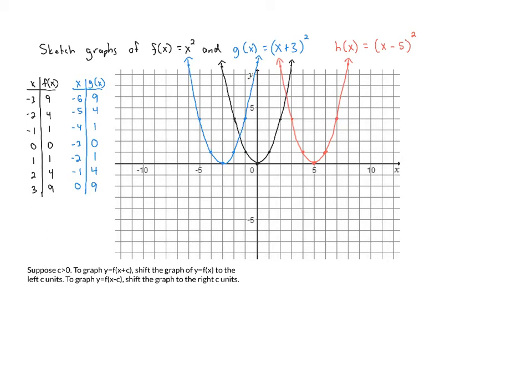So whenever we're adding or subtracting a number to x, so if we're replacing x with x plus a number, or if we're replacing x with x minus a number, this corresponds to a horizontal shift.